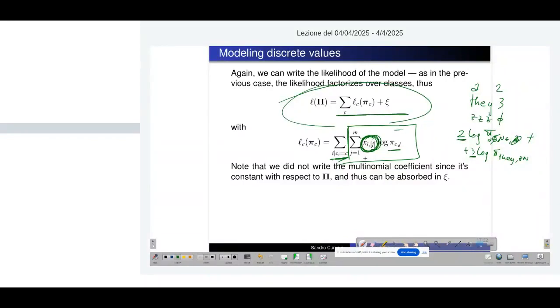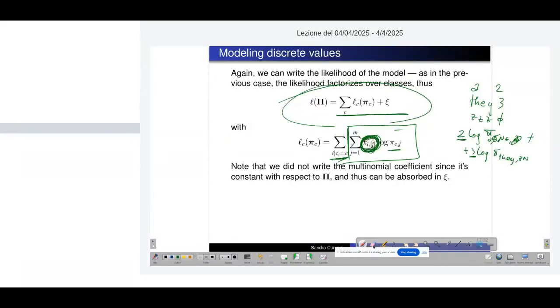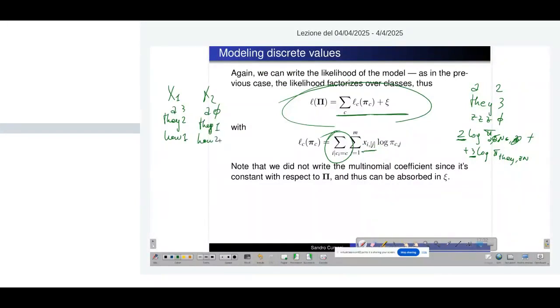But if we look at what we get for the log likelihood, this is the number of occurrences of the words inside a document, and then I'm summing over the documents in my class. Which means that if I have the first document where they appears twice, A appears 3 times, and how appears once, then the second document, A appears 0 times, they appears once, and how appears twice, and so on, all these sums over the documents become what?